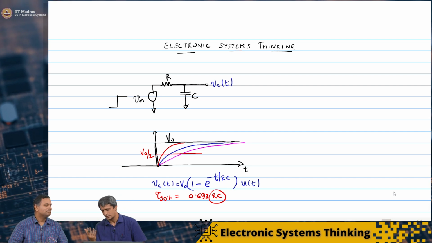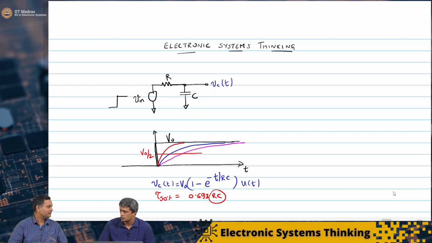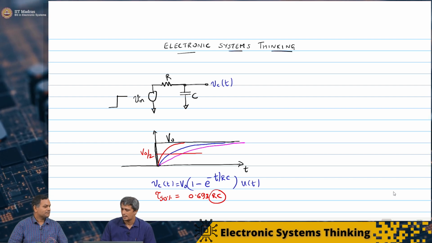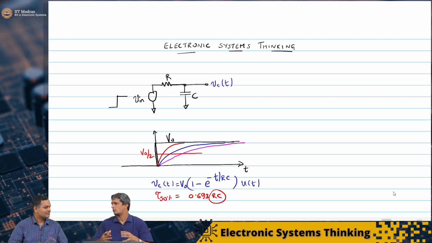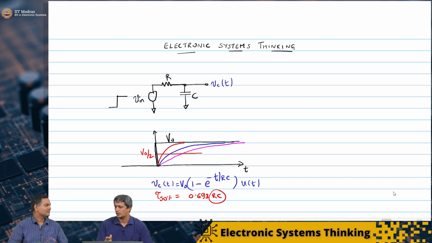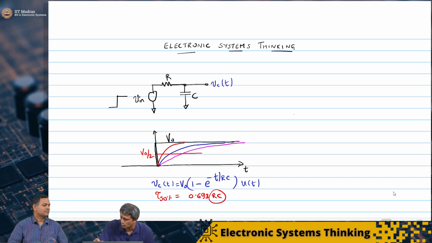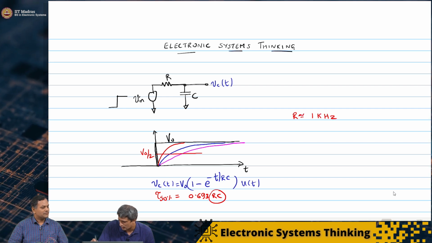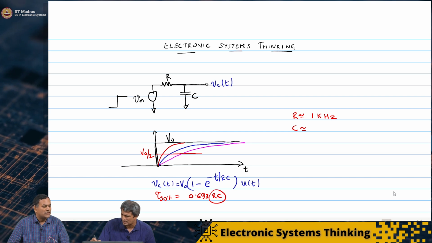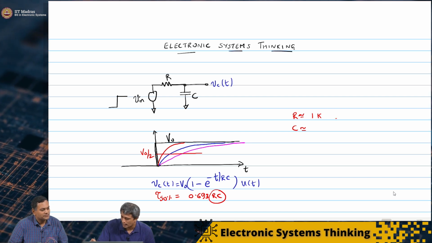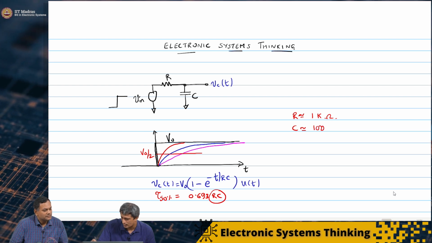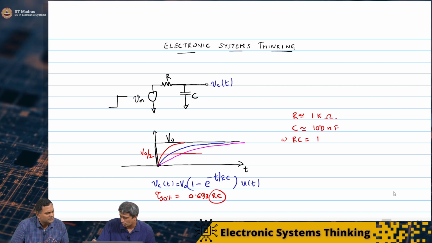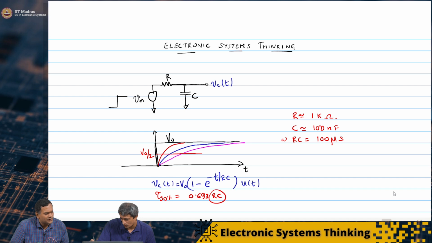With respect to this number R times C, we were able to talk about slow and fast frequencies. RC has a dimension of time, so 1 by RC is frequency, or angular frequency, and we could talk about high and low frequency with respect to it. Last time we chose R as approximately 1 kilo ohm and C as 100 nanofarads, which implies RC is about 100 microseconds.